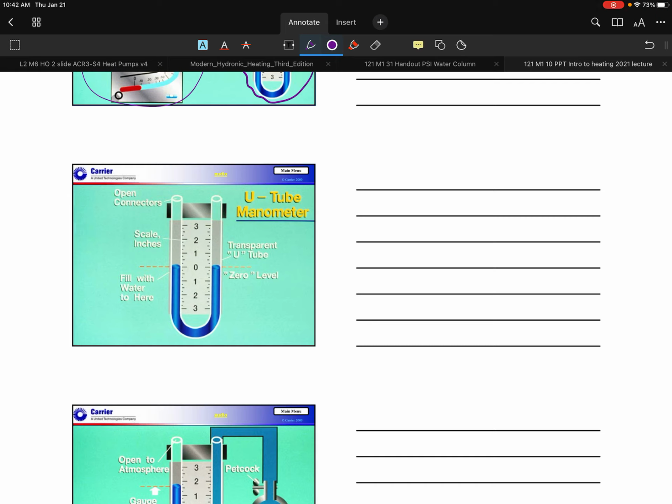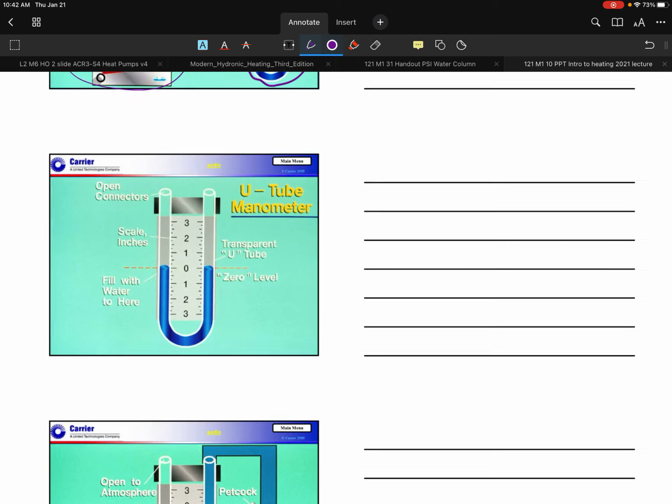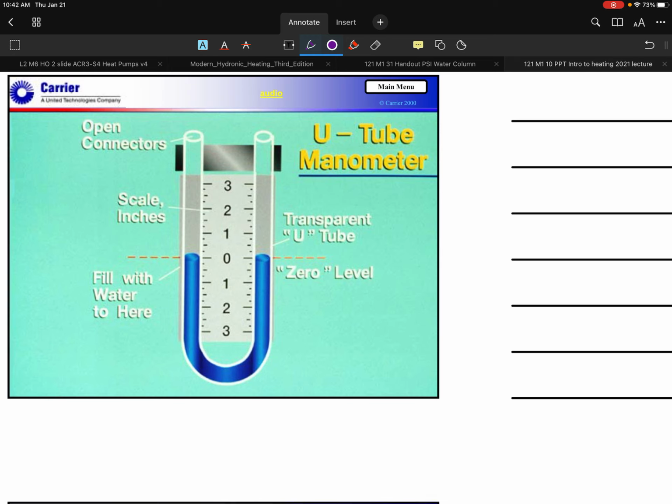If I were to use this instrument, there are a couple of things I want to point out. Number one, you want to start out with the instrument zeroed out. In a U-tube manometer that's level, you'll notice it's all zeroed out.